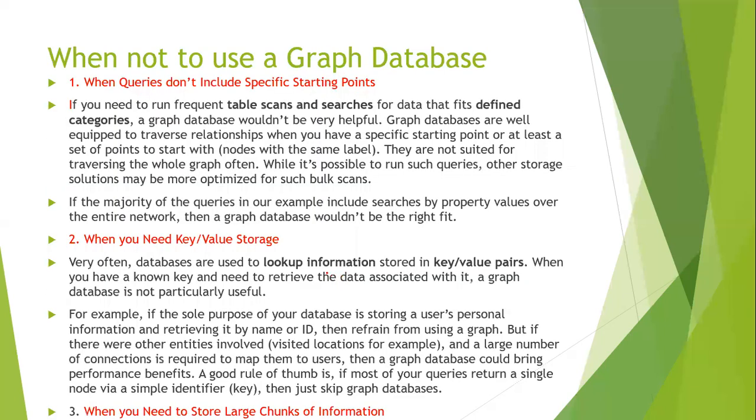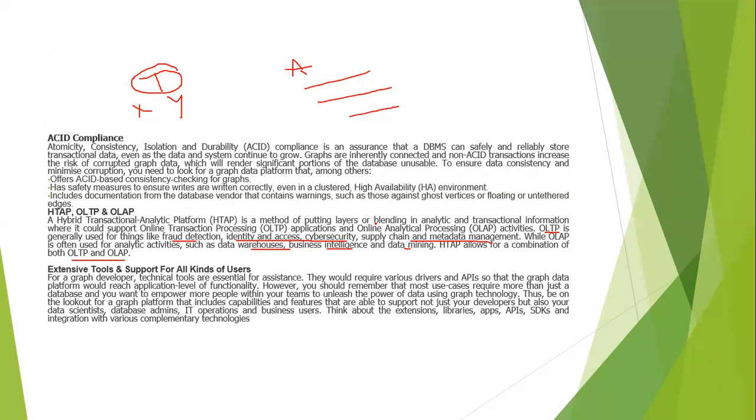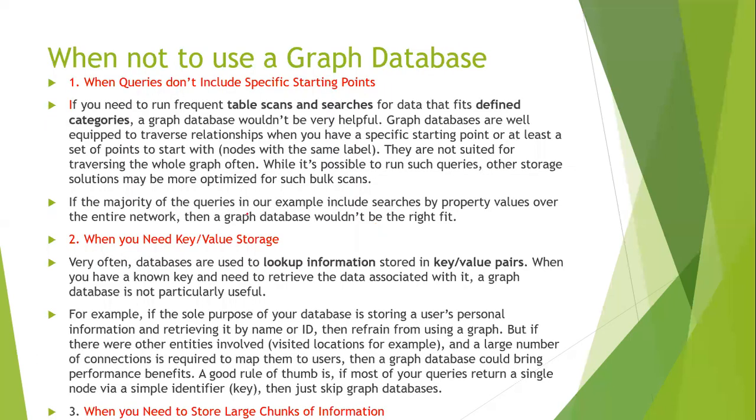And the last one is when not to use a graph database. Actually, the graph database is not required when the queries don't include specific starting points. What does that mean? Consider a college.